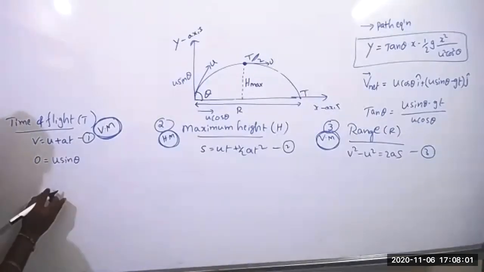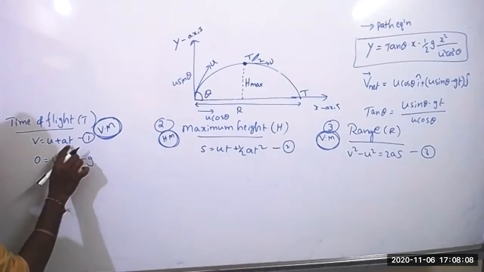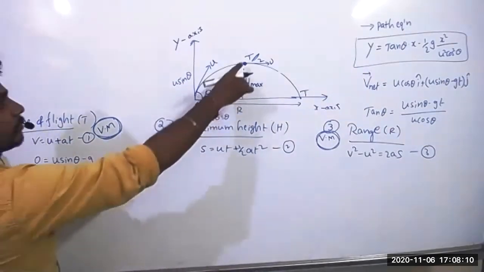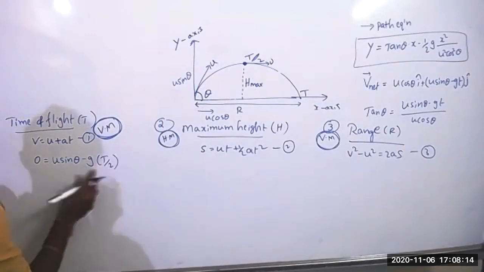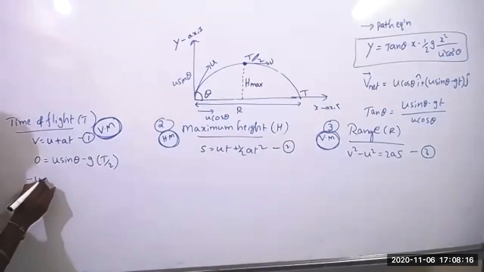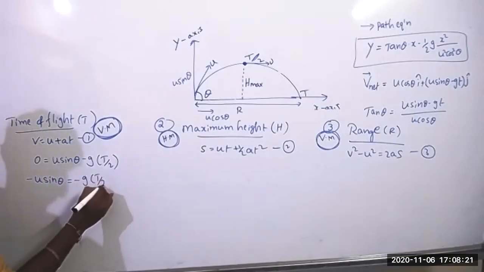In the vertical direction, what is the acceleration? Minus G. What is the time in the vertical direction? T by 2. Substituting, 0 is equal to U sin theta minus G into T by 2.